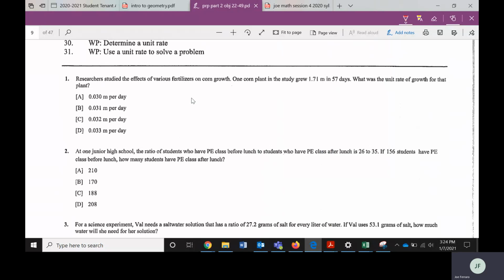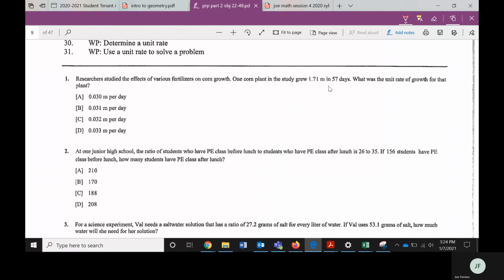It depends on what units you're talking about here. A couple of clues when reading the problem: 1.71 meters in 57 days. So you're looking for the rate of growth, meaning how many meters in 1 day.